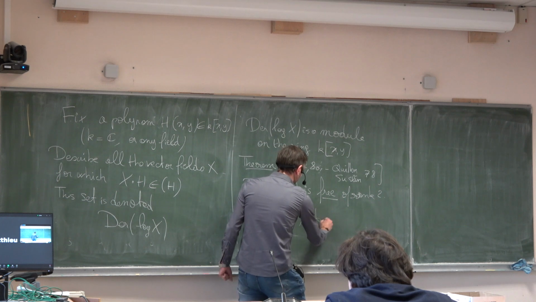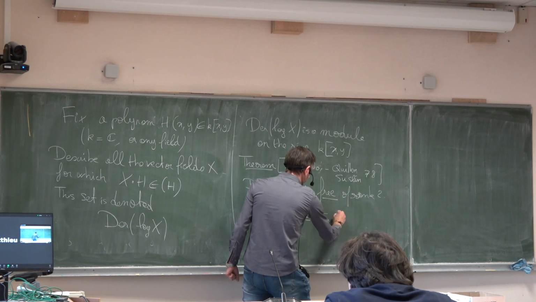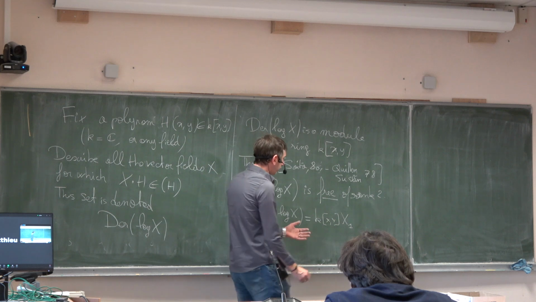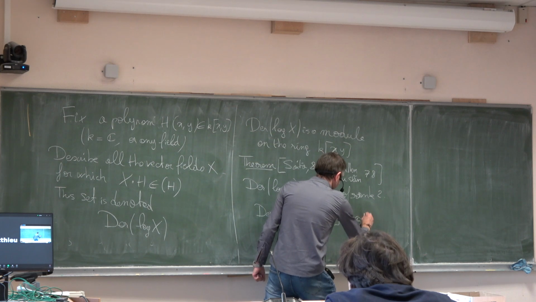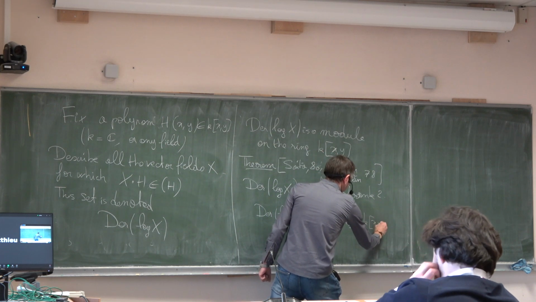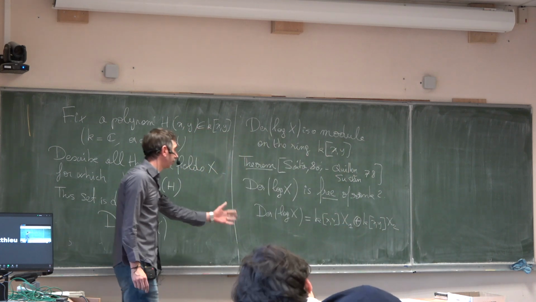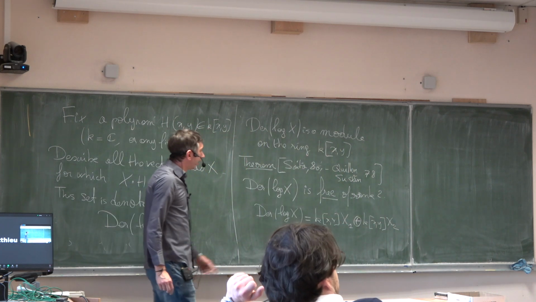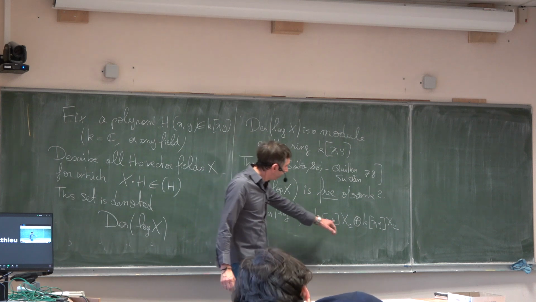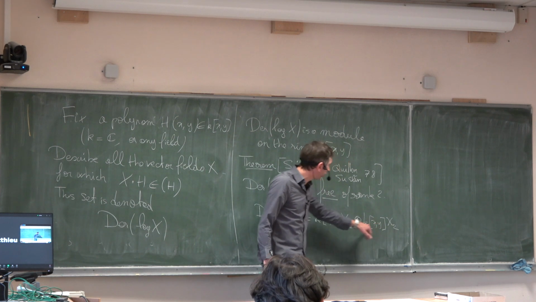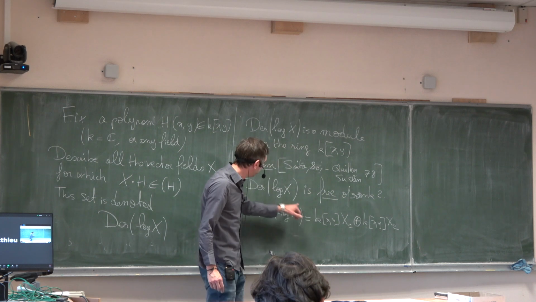So this is just a sum of two rank 1 modules. And there is even a criterion for X1 and X2, two vector fields, being a basis of this module.